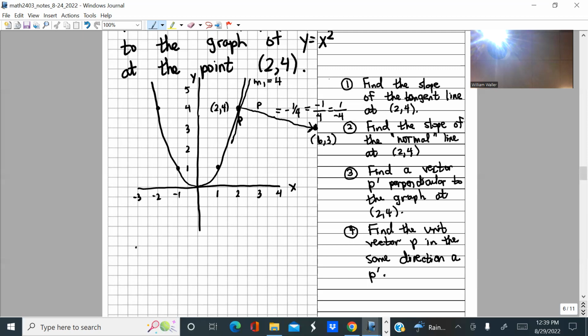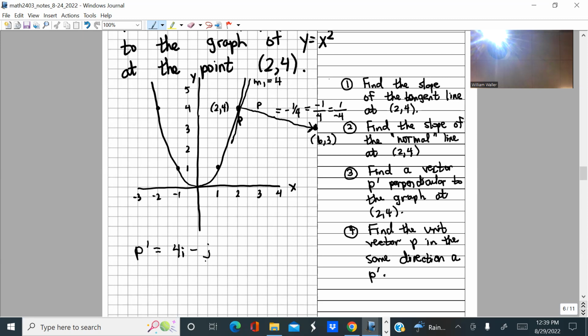I think I said label this thing. Was this supposed to be labeled? Oh, P prime. So P prime is going to be 4i minus j. That's what this vector looks like in component form, 4i minus j, or 4 comma -1.